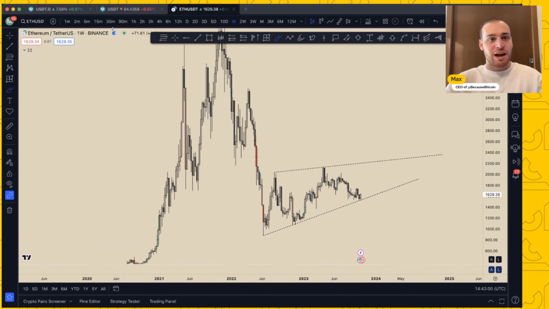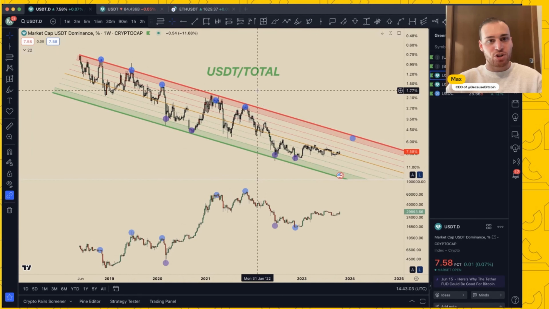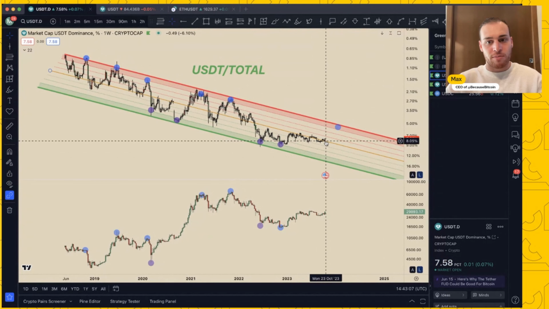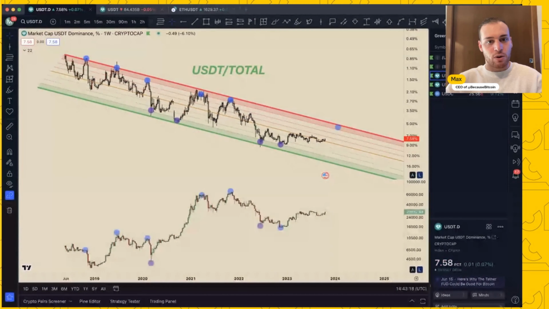I just want everybody to keep an open mind, because I've got the channel, I've presented the evidence, and if it does happen and we move from this midline all the way to the top and we see USDT dominance somewhere around 5.5%, things are going to get crazy really quickly. Crypto has a way of reminding everybody why we got into the asset class in the first place, because it's fun and it pumps, and when it runs, it's amazing.